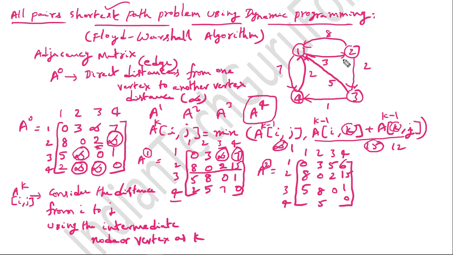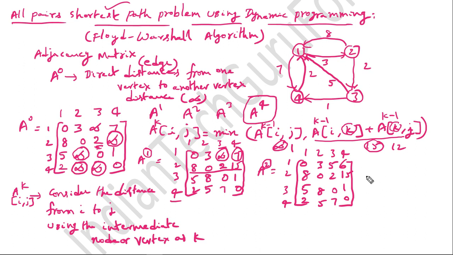There is no direct edge, so keep the previous value as it is. Next 4 to 3, using intermediate node 2. So 4 to 1, 1 to 2, 2 to 3. 4 to 1 is 2, 1 to 2 is 3, 2 plus 3 is 5, 2 to 3 is 2, so 7. Already 7 is there. Both are equal, so keep the value as it is. So this is the A power 2 matrix.